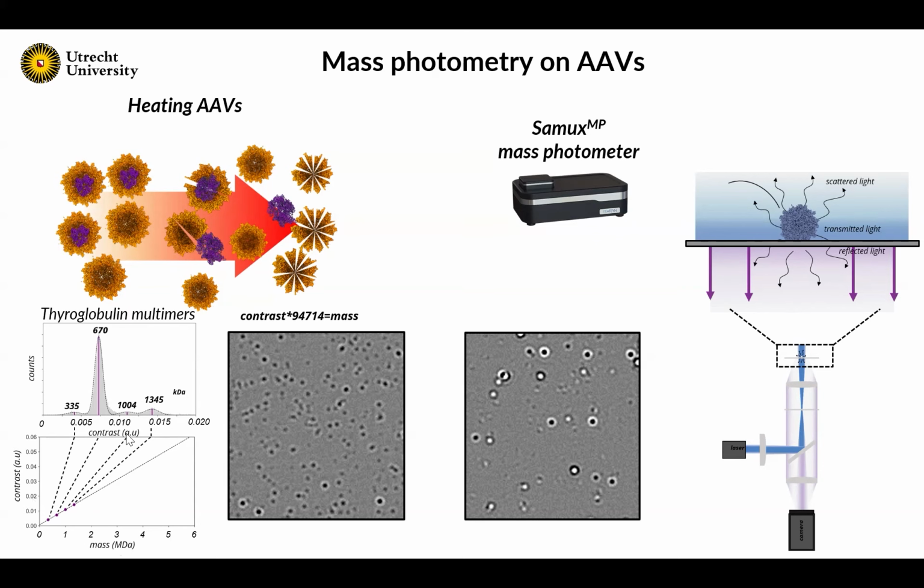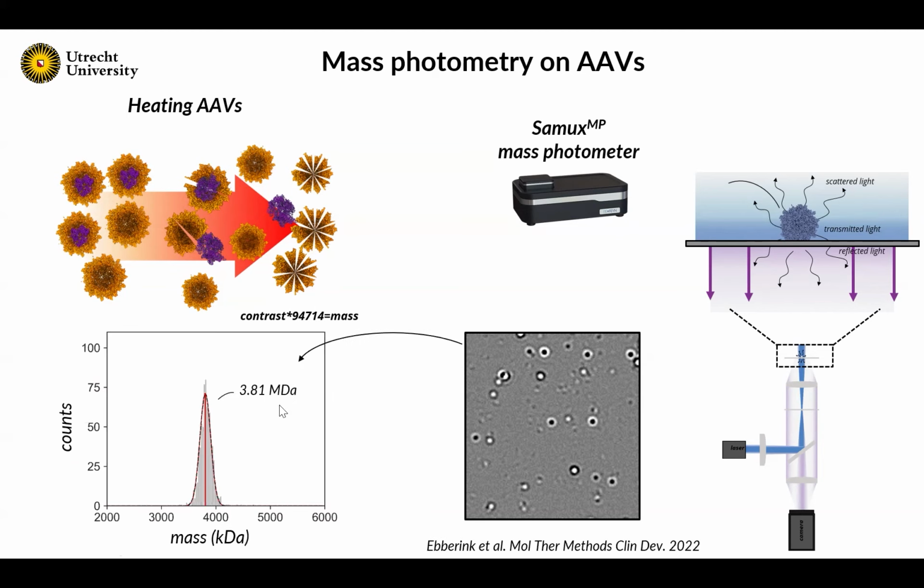And then you know, okay, I have a certain factor for my contrast value, and I can extract the masses from my measurement. For instance, in the case here that we have AAVs measured, we can see we have a sample of empty AAVs with a mass of about 3.8 megadalton.